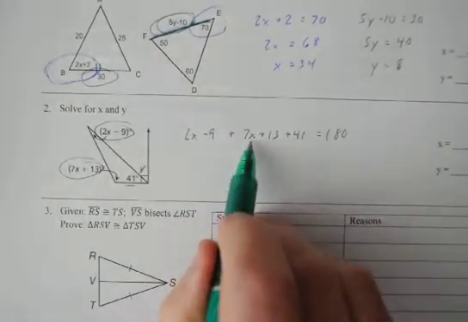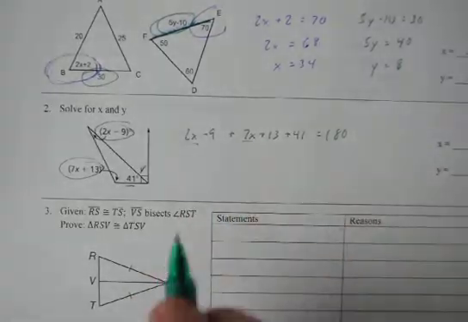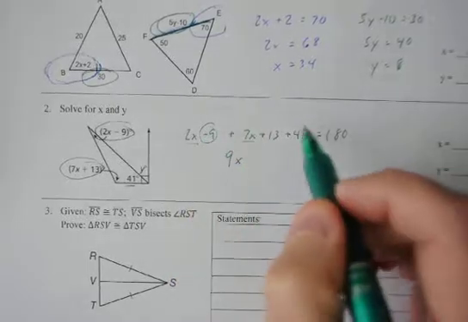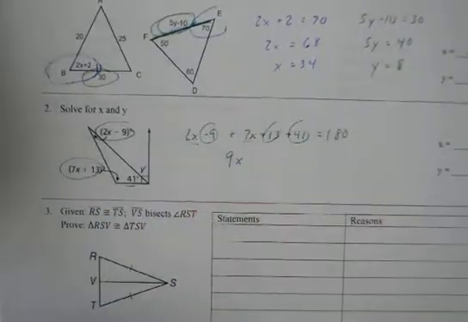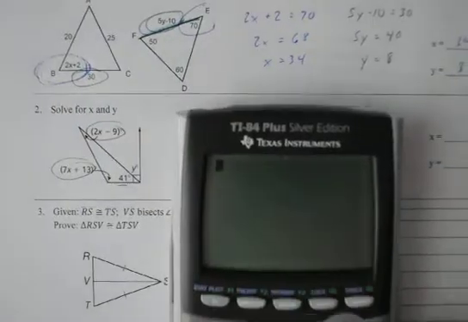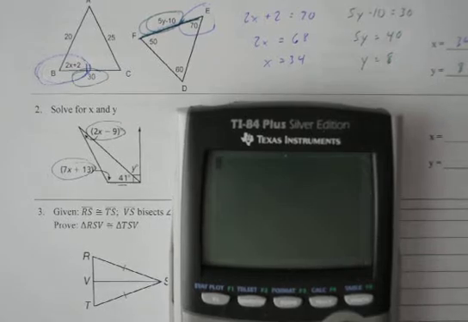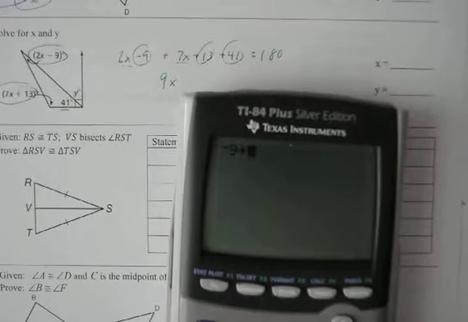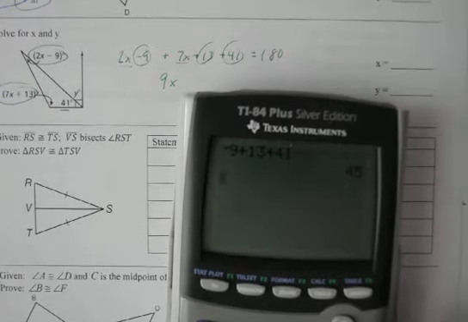So we have 2x plus 7x, which makes 9x when you add those together. We've got negative 9, 13, and 41, so I can go ahead and combine those. Negative 9 plus 13 plus 41 is 45.